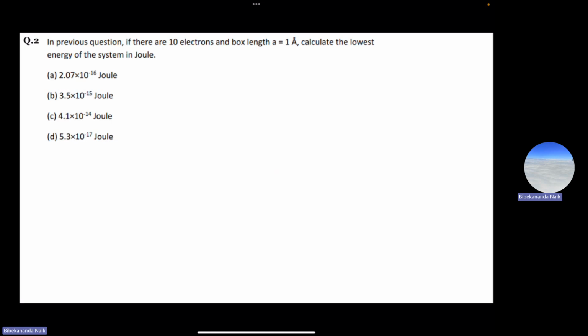So here the question says there are 10 electrons. How will we arrange those electrons?